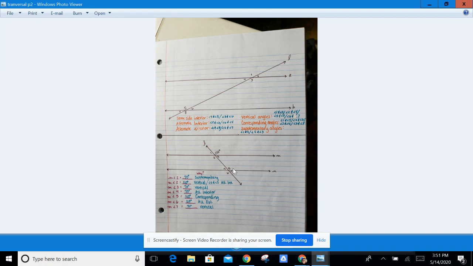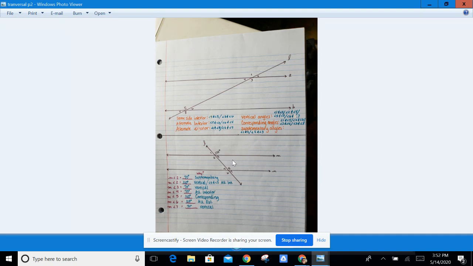I know 2 because they're vertical angles. I know 5 because they're alternate interior, so 5 is also 110. And I know 6 because 6 is vertical to 5, and also because 6 is alternate exterior to the 110.